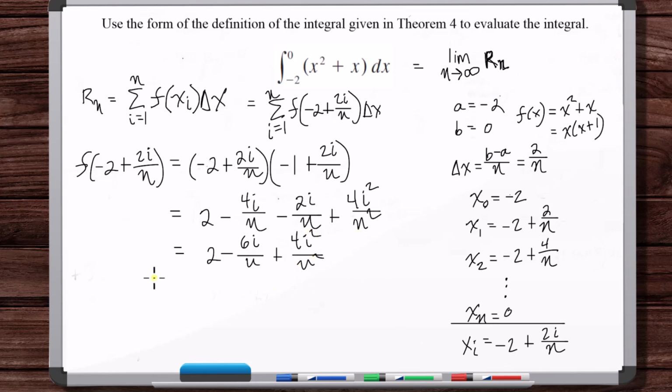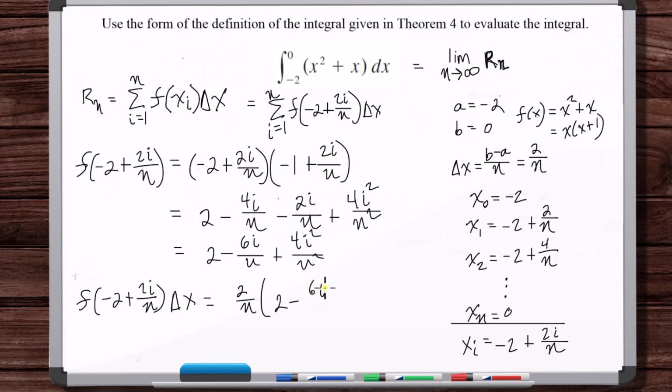Okay, now what is f of minus 2 plus 2i divided by n, times delta x? Delta x is 2 divided by n.